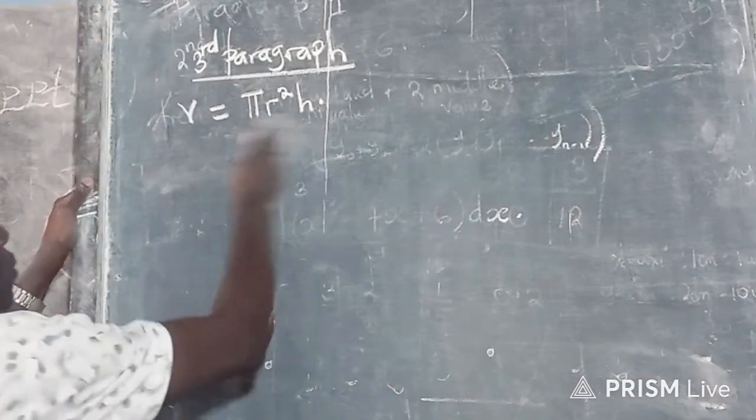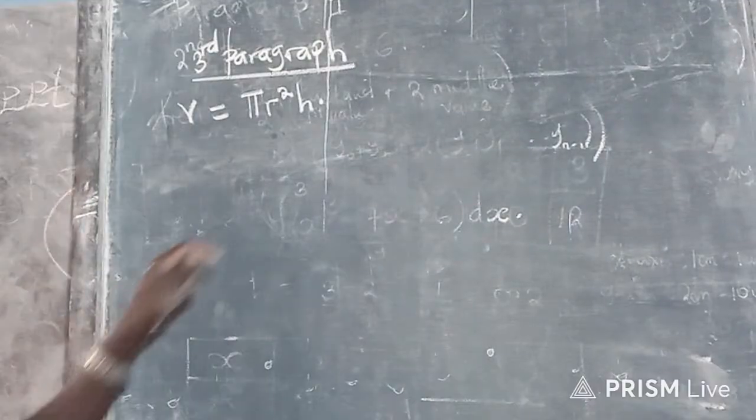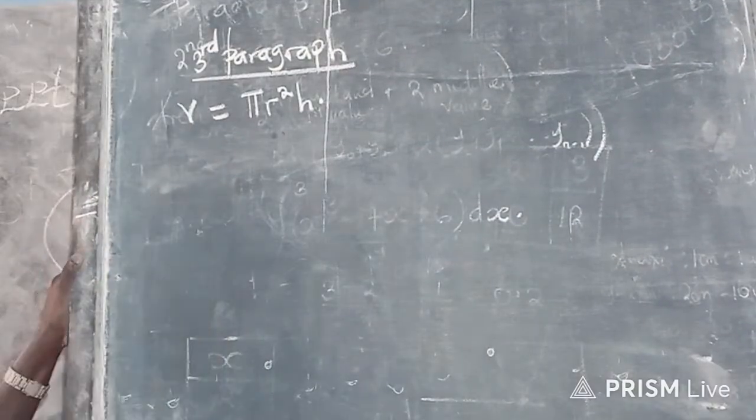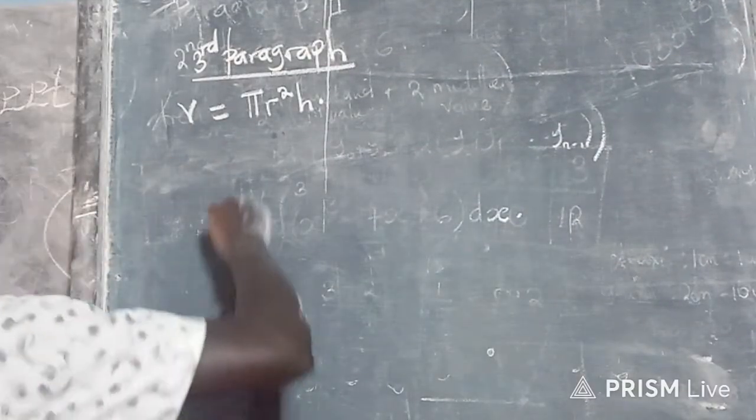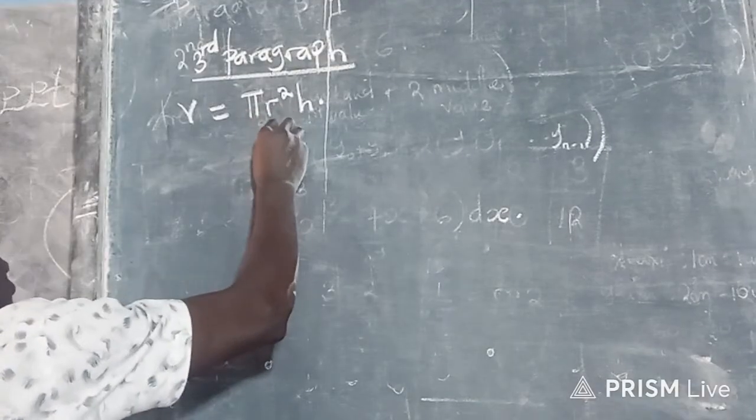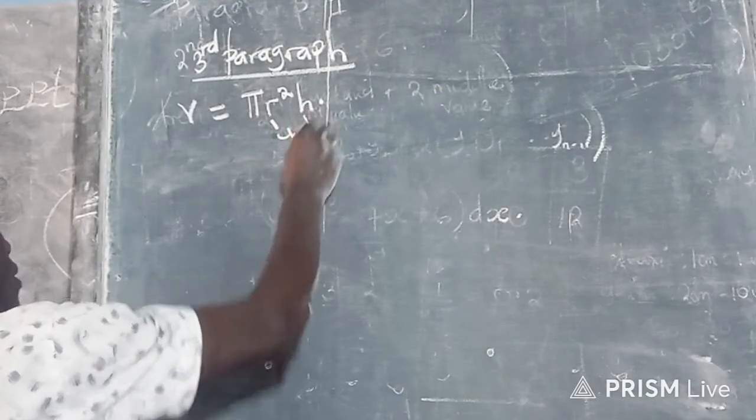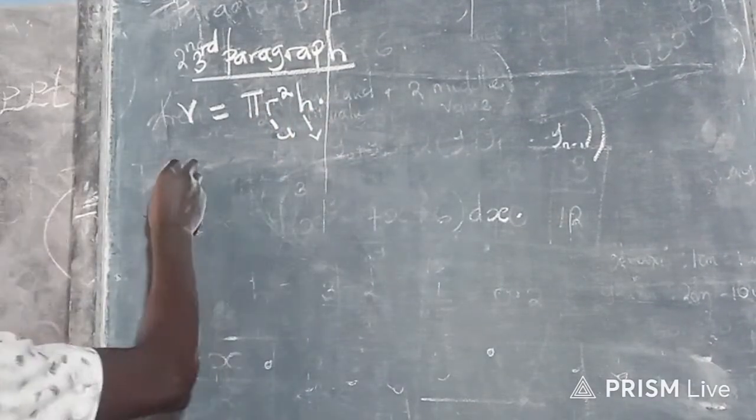I'm going to differentiate this using the product rule by considering this one to be our U and this one here to be our V. That is for the differential.